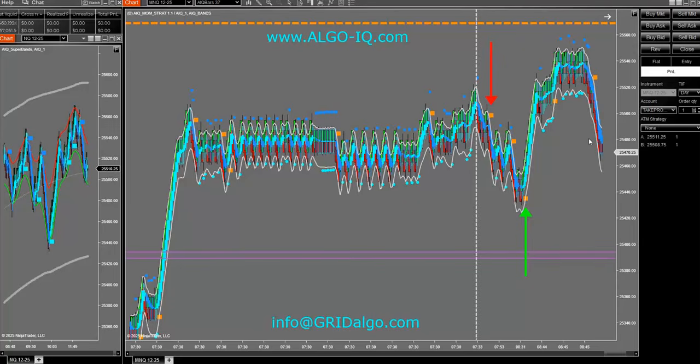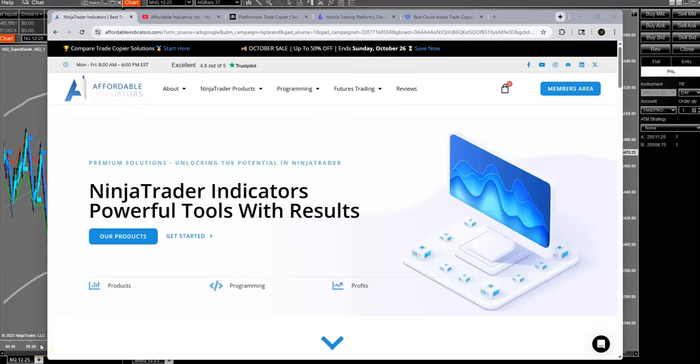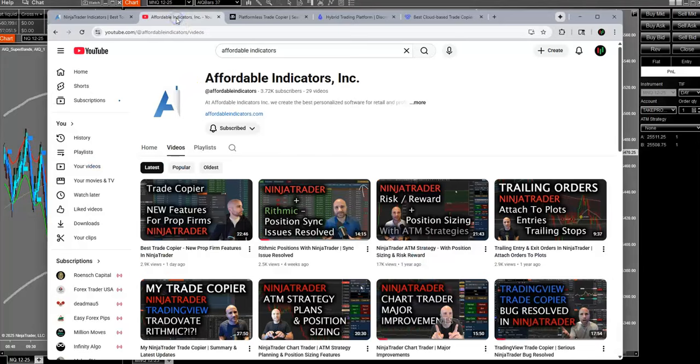Now I want to get specifically into information I have on trade copiers, recent advancements, and stuff that's in the works. Okay, for those of you on NT8, Tradovate, and I think even some on TradingView, if your TradingView is connected to a Tradovate account or similar, Affordable Indicators, a gentleman named Joel, love his trade copier, and wow, did he just take it to a whole new level.